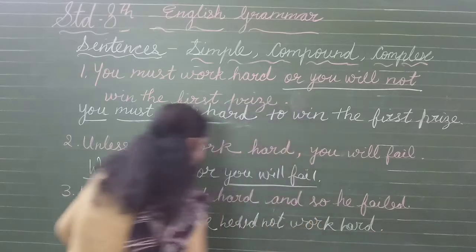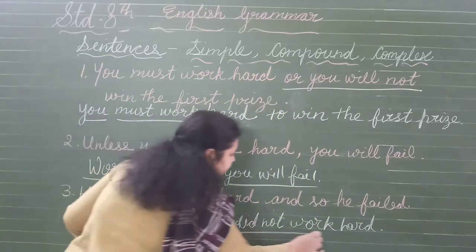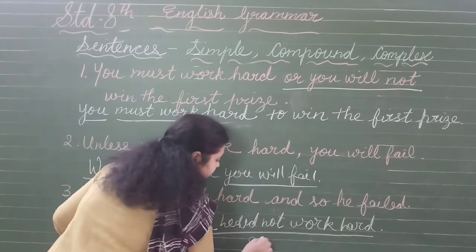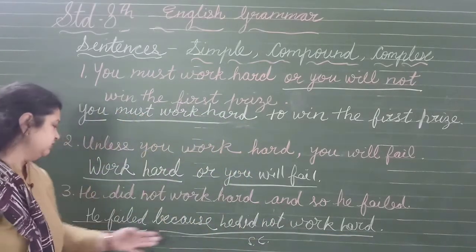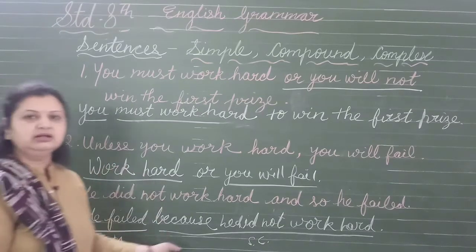Now you will see that "he failed" is the main clause and "because he did not work hard" is a subordinate clause which is dependent on this main clause. So this will be the complex sentence.